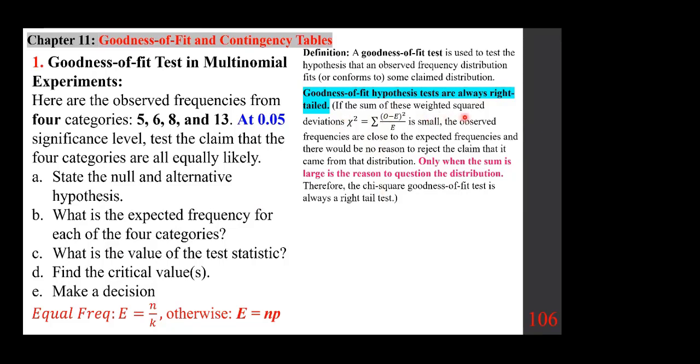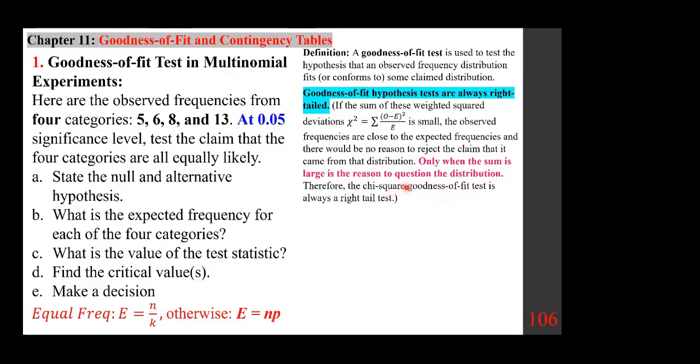Chi-squared is the summation of (O minus E) quantity squared over E. If the sum of these weighted square deviations is small, the observed frequencies are close to the expected frequencies, and there would be no reason to reject the claim that it came from that distribution. Only when the sum is large is there reason to question the distribution. Therefore, the chi-square goodness of fit test is always a right tail test.